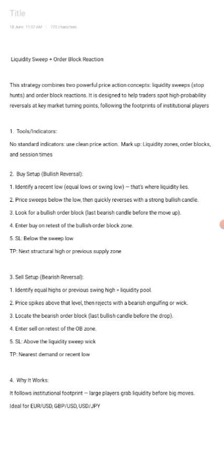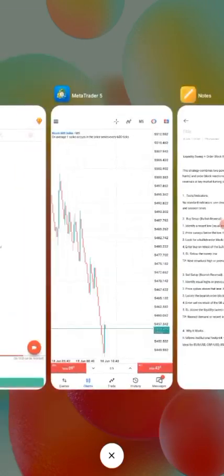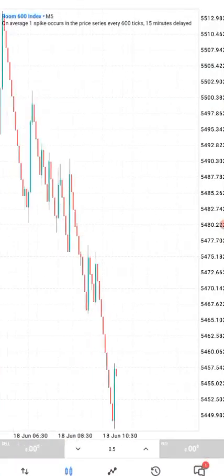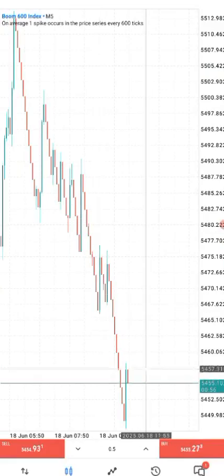How can we buy? First of all, you need to identify a recent low. If you're buying, the recent low is where the liquidity lies. Why? Look at it here. Look at this particular high that is selling.